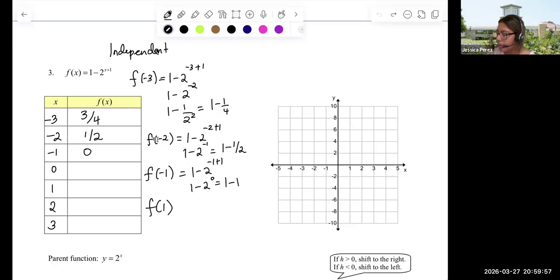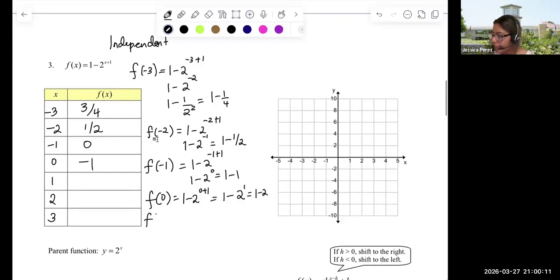Then f of 0 is 1 minus 2 to the 0 plus 1. I get 1 minus 2 to the first power, or 1 minus 2, which is -1. F of 1 is going to be 1 minus 2 to the 1 plus 1, which is 1 minus 2 squared, or -3.